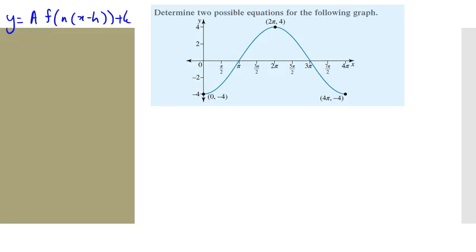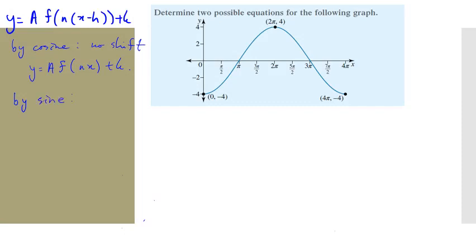Alright. So, if we look at this in terms of cos, there's no shift horizontally, so we can try working out y equals to a f of nx plus k. Now, the other version of this is by working out as a sine.